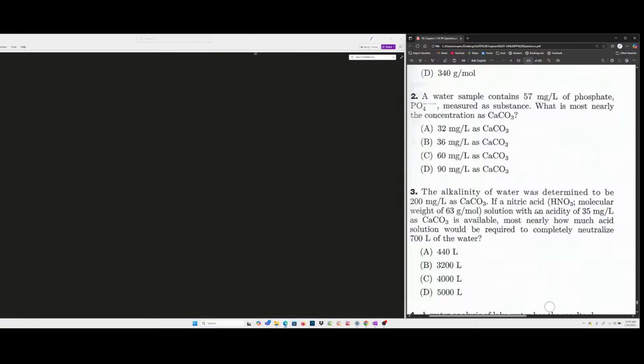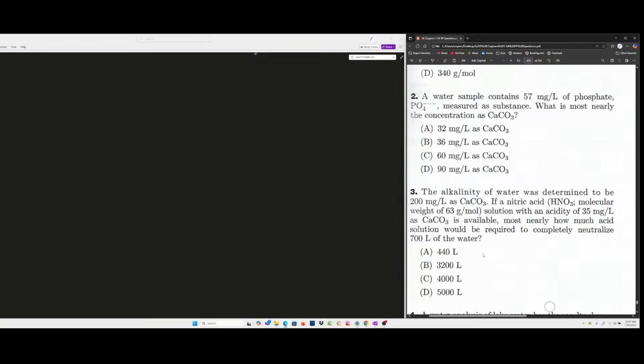The nitric acid weight is 63 grams per mole, that's the molecular weight, and the solution with acid is 35 milligrams per liter, that is the concentration of CaCO3 with acid. Most nearly how much solution will be required to completely neutralize the water?